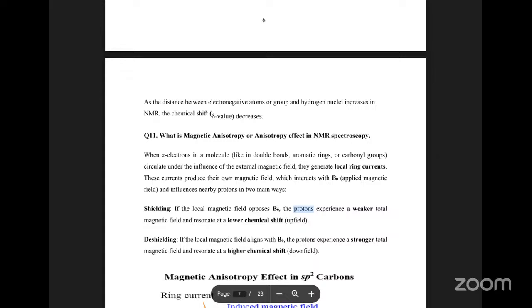The coming lectures will be basically on solving problems, combined problems, and anisotropic questions. Magnetic anisotropy, there are a couple of theoretical questions, and then there are combined problems which will be major components in the examinations. So don't miss the next lecture.